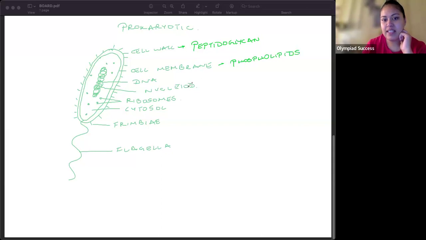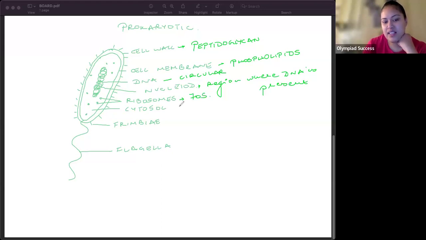DNA here is circular. Not a number of chromosomes like we have or eukaryotes have. They have a single circular DNA. Nucleoid is the region where DNA is present. Ribosome is 70S type.